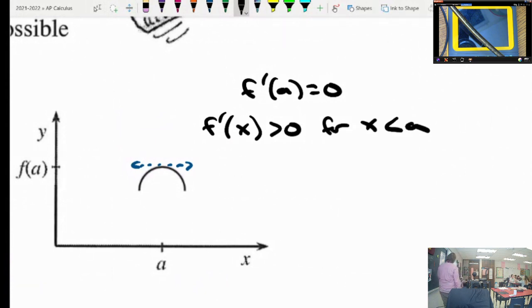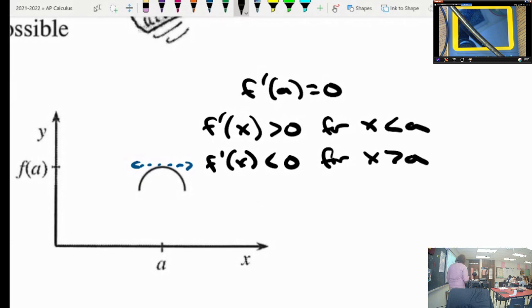I don't want to move A. And the other part is true: f prime of x is less than 0 for x values that are greater than A. This is the calculus-y way of saying that if you're to the right, it's decreasing, and if you're to the left, it's increasing. That change from increasing to decreasing is what causes the maximum to happen right there.